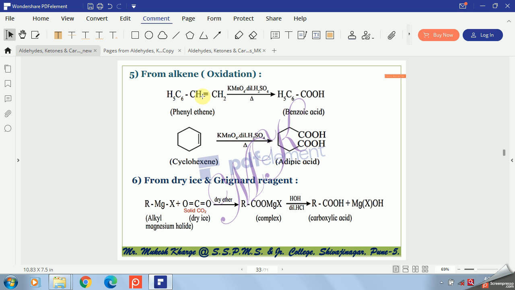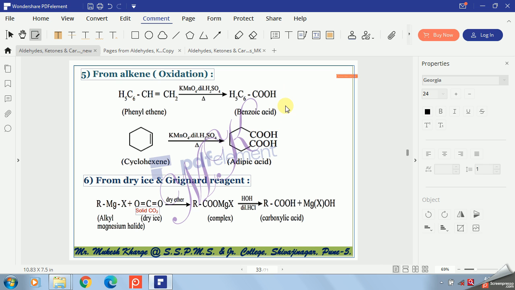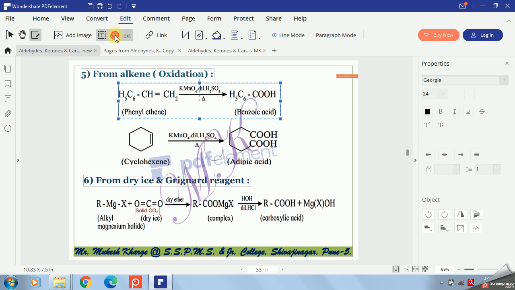So we get C6H5COOH, and this CH2 gets converted into CO2 plus H2O. So you can write that byproduct here along with your main product as H2O.